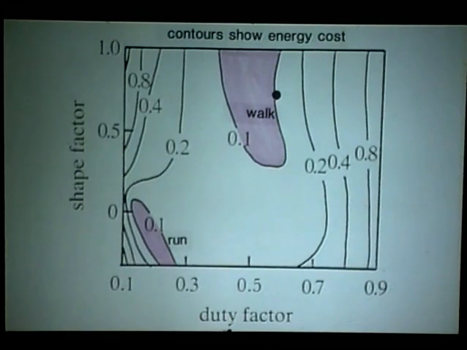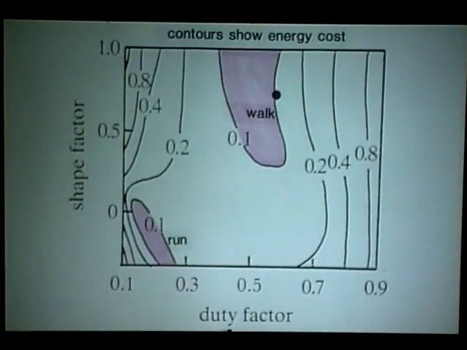That's plainly walking. Down at the bottom left, we've got low duty factor and low shape factor. That's running. So here are two gaits where the energy cost is low.